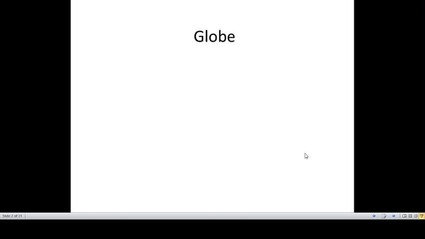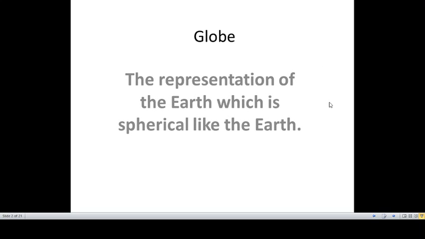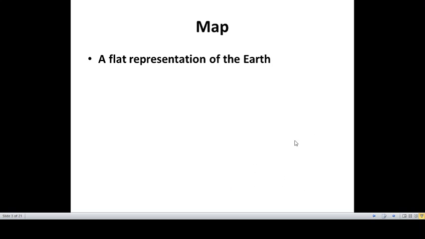So next, the globe. What is a globe? A globe is the representation of the Earth, which is spherical like the Earth. We all know that the Earth is not a square, not a rectangle, nor a perfect circle. It's just spherical. Next, the map. A map is also a representation of the Earth, but it is flat.